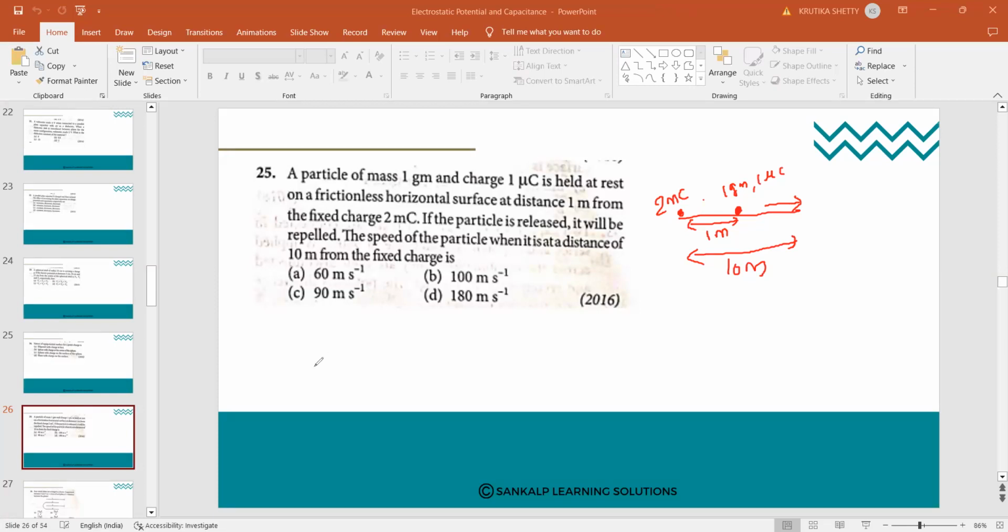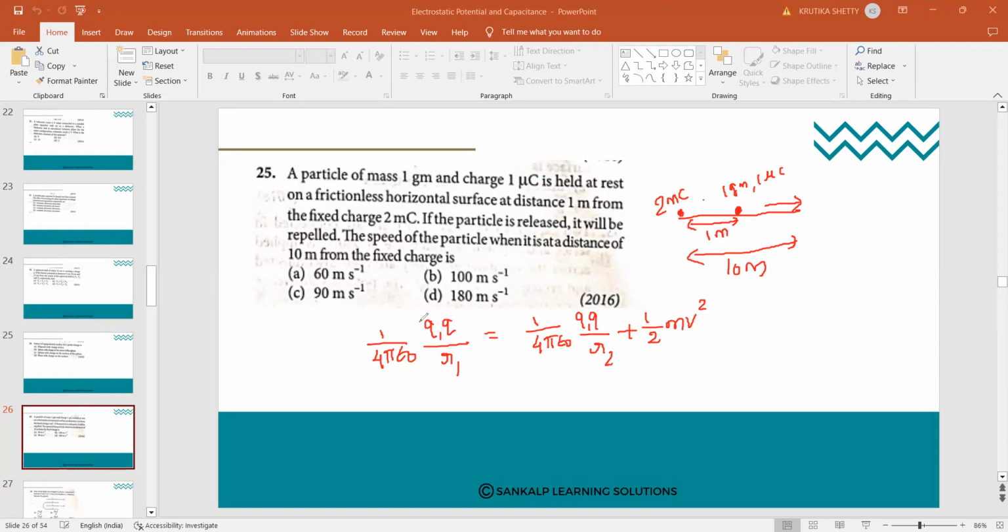So we are using the conservation of energy principle. According to it, the Coulomb energy between the charges Q1 and Q at distance R1 is equal to 1 upon 4 pi epsilon naught Q1 into Q divided by R2, plus the particle is moving with a velocity, that is kinetic energy, half mv square.